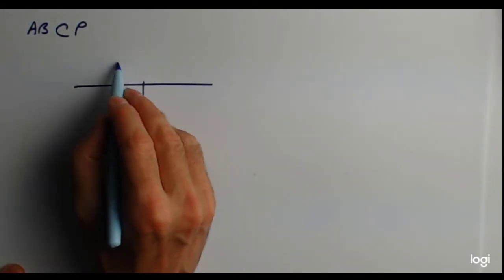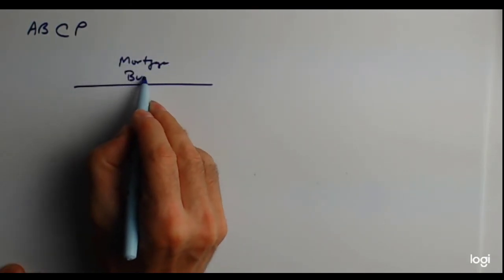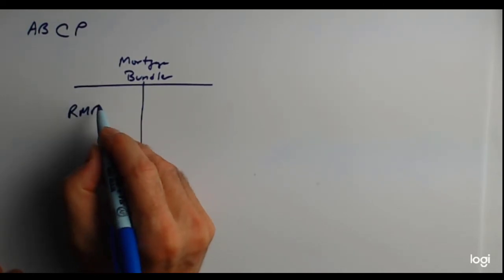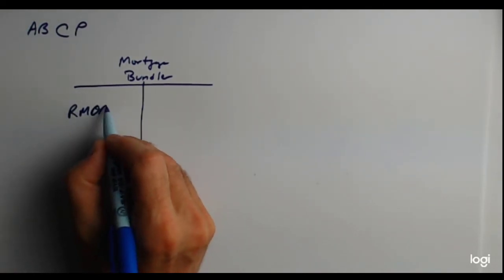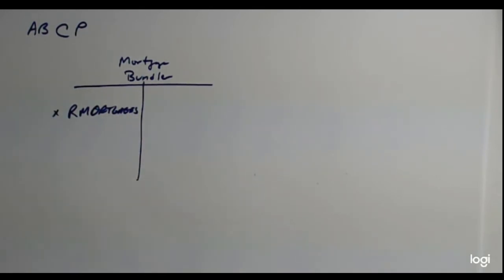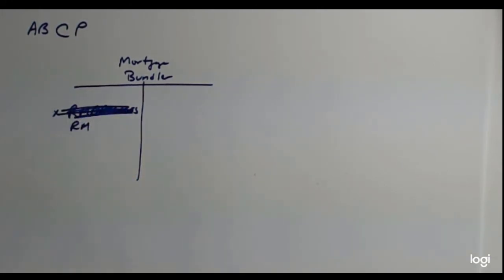So here's a mortgage bundler's balance sheet. What mortgage bundlers do is they buy residential mortgages. So it shows up on their balance sheet as residential. You can't read that. Just call it RM, residential mortgages.